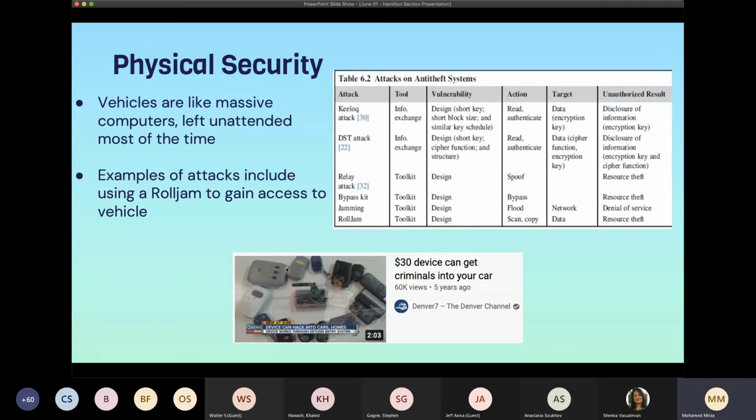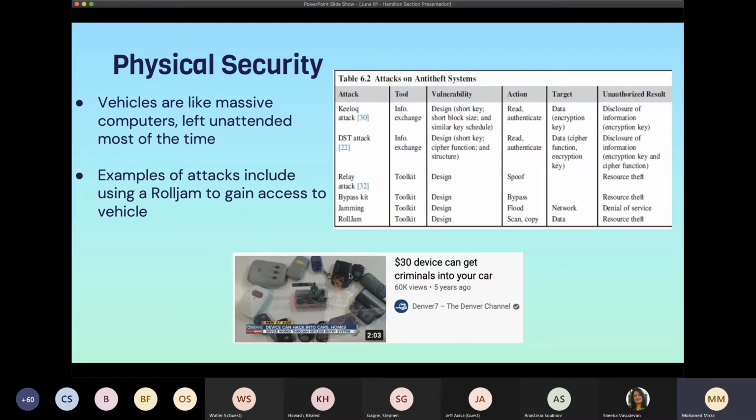As mentioned previously, with the theme about how vehicles represent pretty much massive computers, one object that aims to take advantage of that is this 30 USD device, which is called a roll jam. How it works is it pretty much attacks keyless remote entries to allow an attacker to unlock your car.